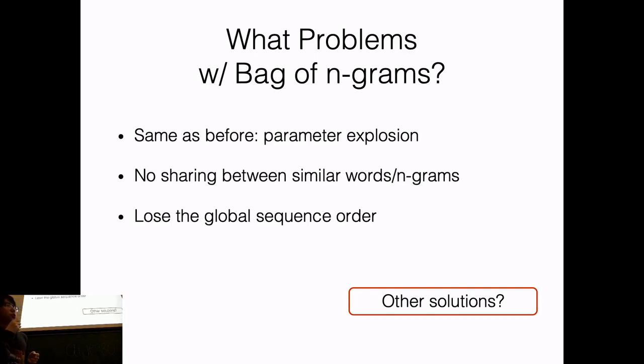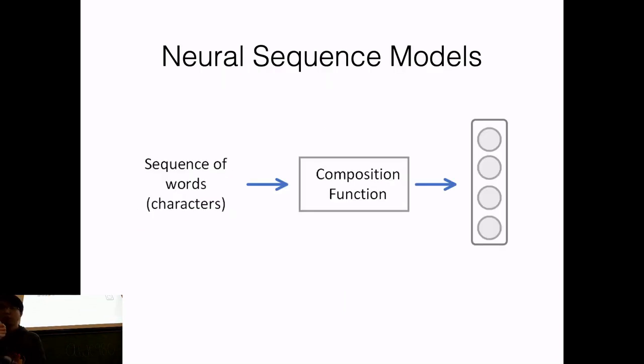So here a question is, are there any other solutions? Yes, we should have some solution. Otherwise, maybe the class is over. So what's the solution here? I think the time is right for us to introduce our leading role in this class. Here I want to introduce a concept called neural sequence model.